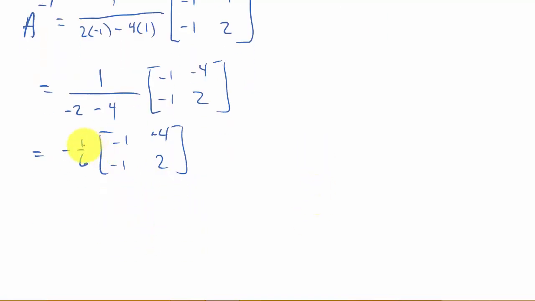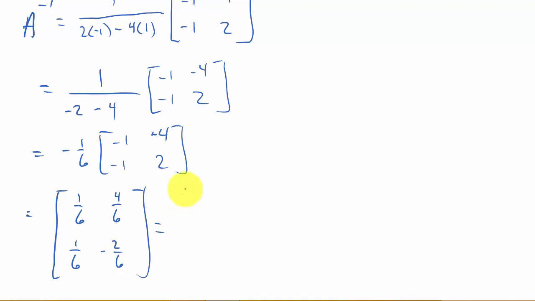And then what I'll do is I'll take the negative 1/6 and multiply it to each element. So negative 1/6 times negative 1 is 1/6. Negative 1/6 times negative 4 is 4 over 6. Negative 1/6 times negative 1 is positive 1/6. And negative 1/6 times 2 is negative 2 over 6.